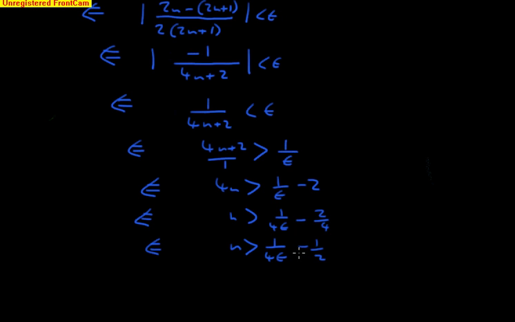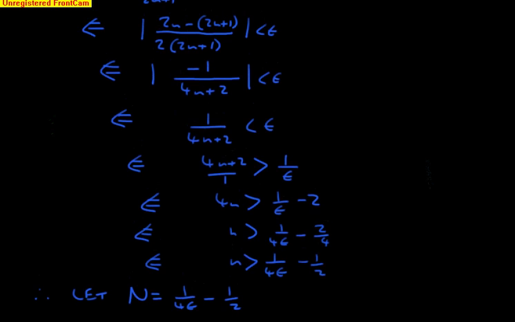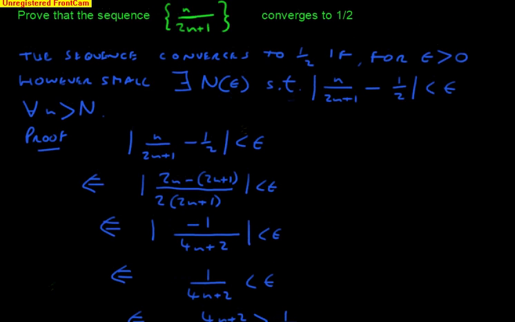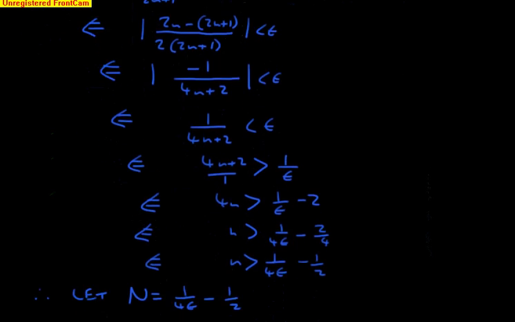And we have it. Therefore, if we let our N be equal to 1 over 4 epsilon minus a half, so we found our N, in other words, all our proof will now be satisfied, because all we had to do was find an N such that all that lot was true, and having found that N, it will be.